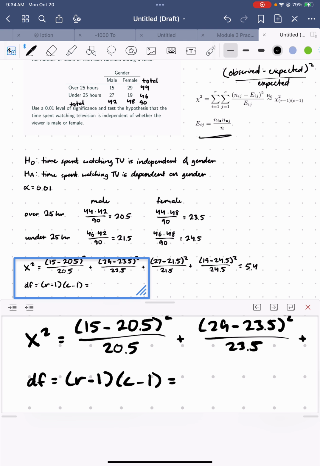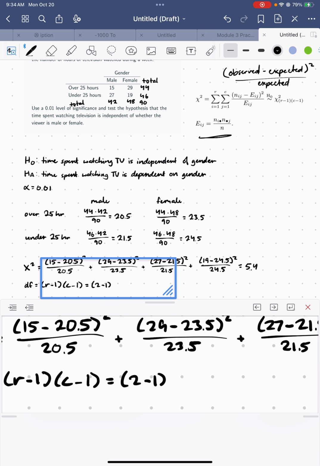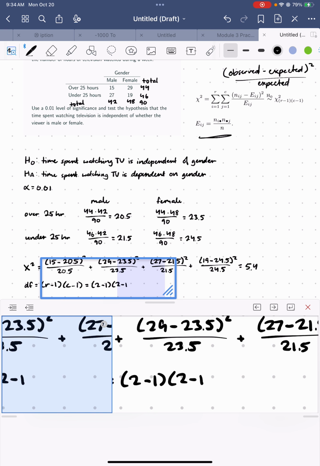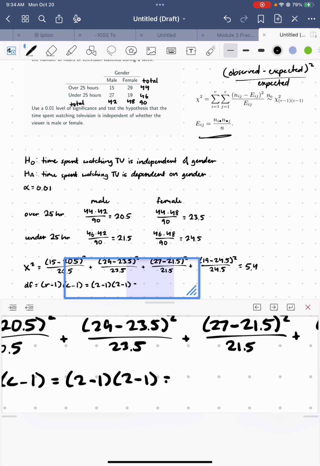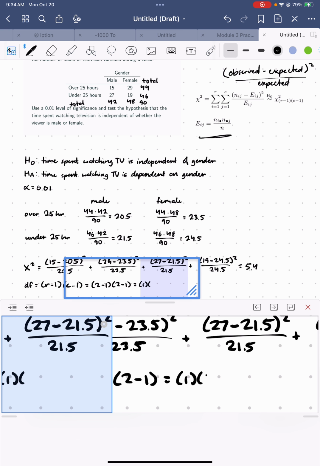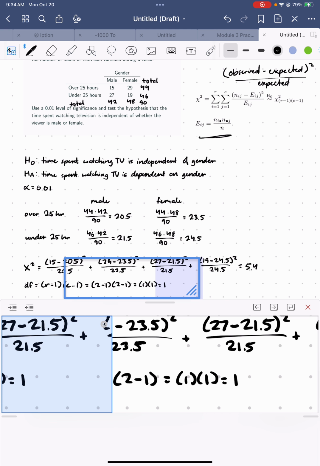And so we have 2 rows, so it's not the total number of values in each row, but it's the total number of rows. So we have 2 rows minus 1, and then we have 2 columns minus 1, so that's just 1 times 1, which is equal to 1.